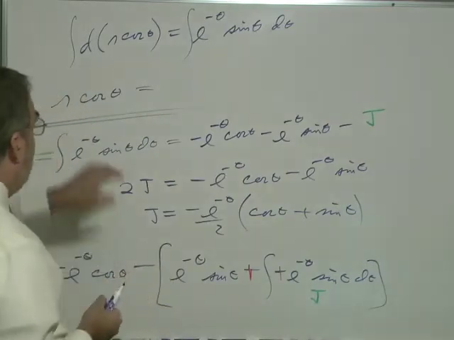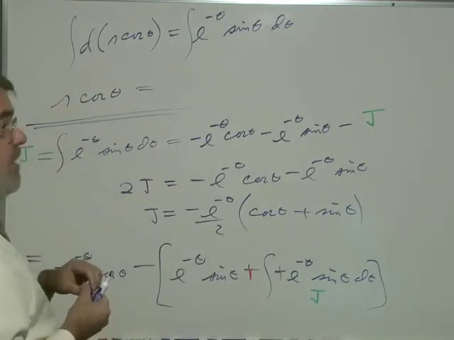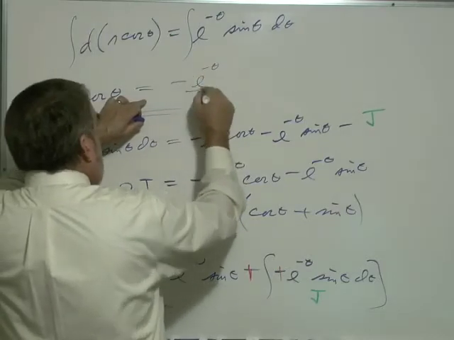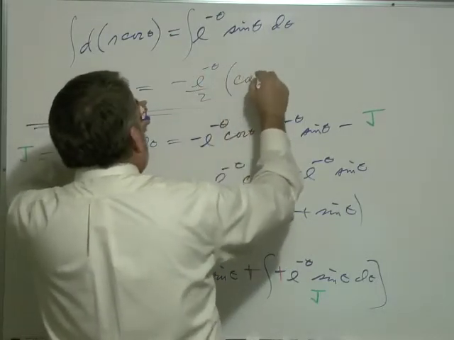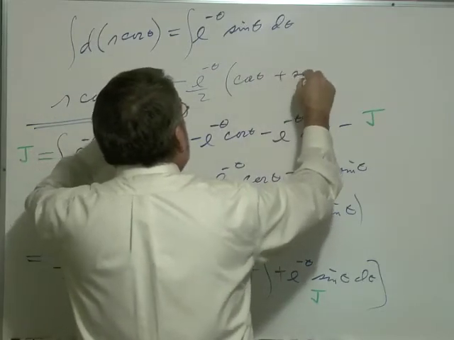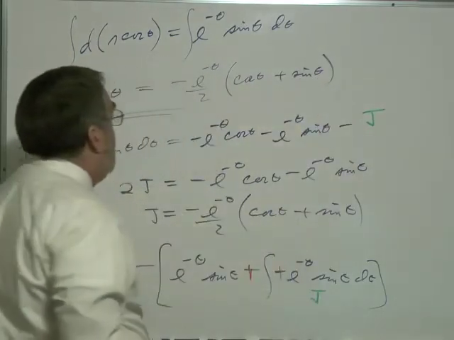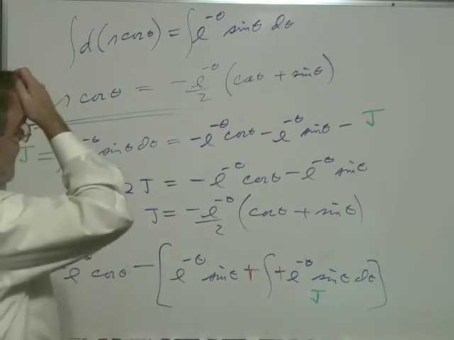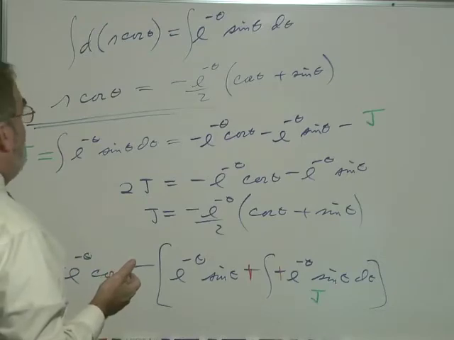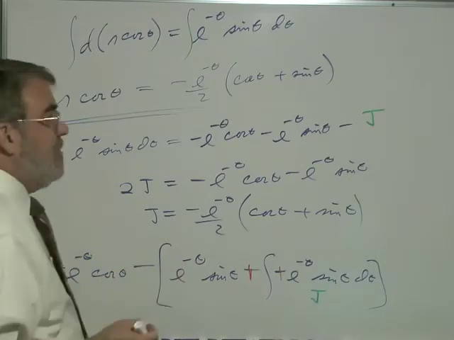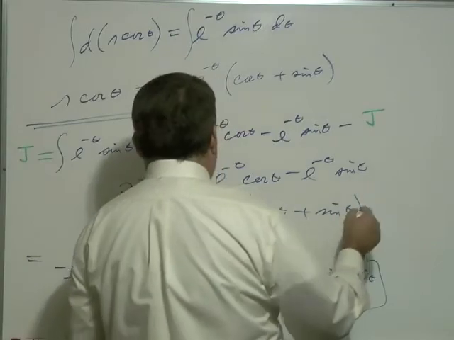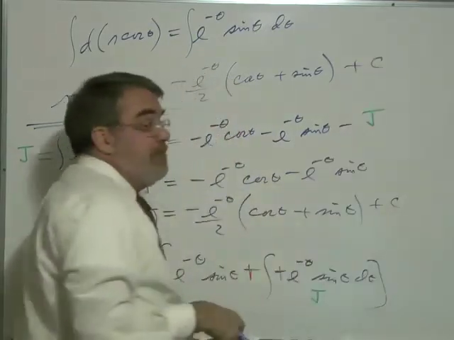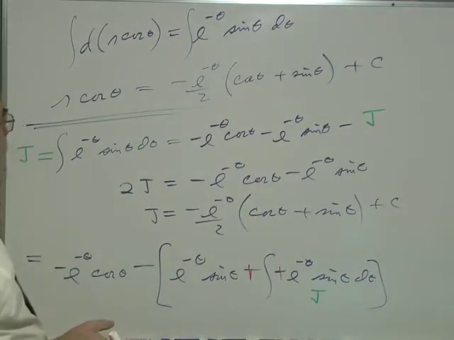All right, which means that the integral of e to the negative theta cosine theta is equal to negative e to the negative theta over 2, parentheses, cosine theta plus sine theta. Wow, how about that? Plus a constant, right? Because we need an additive constant somewhere. So I forgot to put my additive constant. I'll put it there. All right, so there we go.